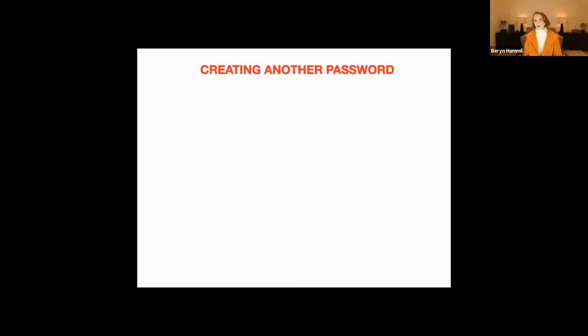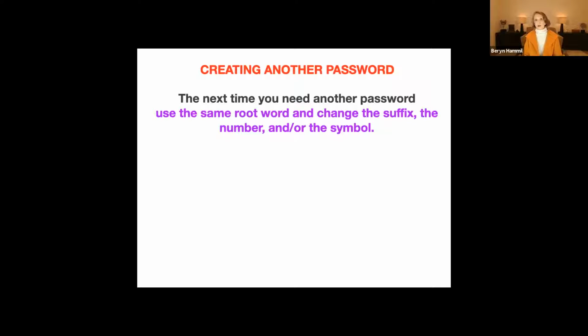So now let's create another password. Remember, I said you want different passwords for different accounts. So the next time you need another password, use the same root word and change the suffix, the number, and or the symbol. When you write it down, you write it this way: word plus EST 87% cap last letter.